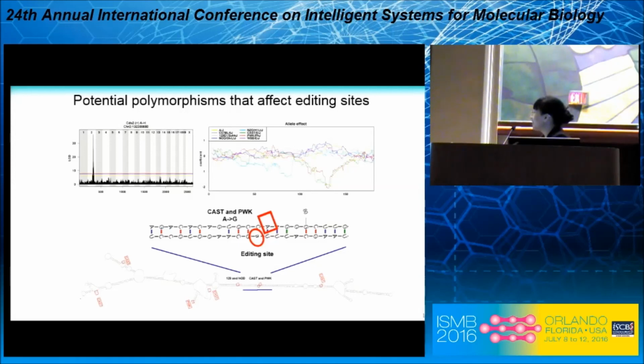Next to the editing site, there's a motif shared by CAST and PWK on the secondary structure. In the linear sequence, they are far away, but on the secondary structure, they are next to each other. So probably this SNP contributes to the efficiency of this editing site.